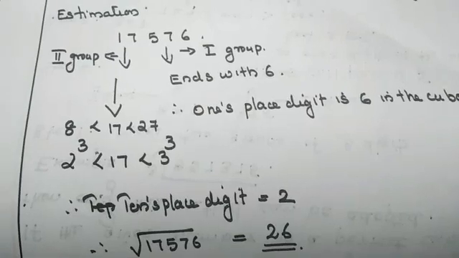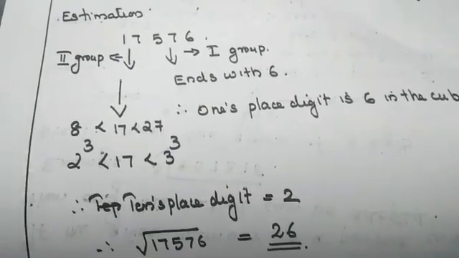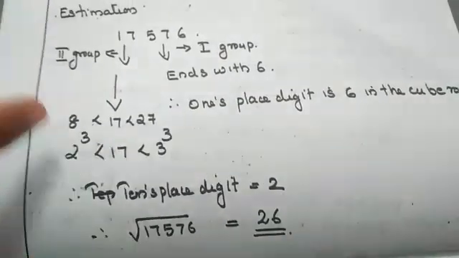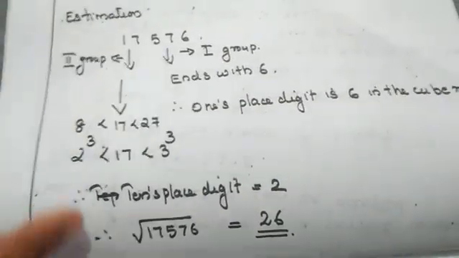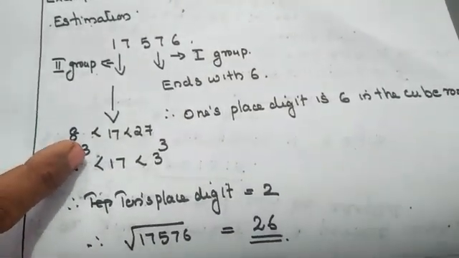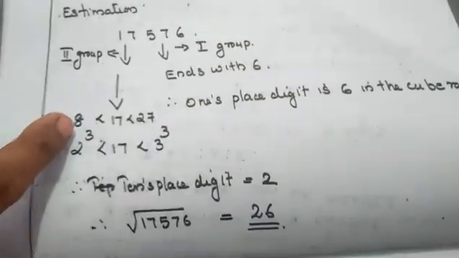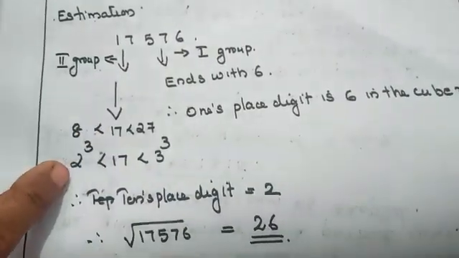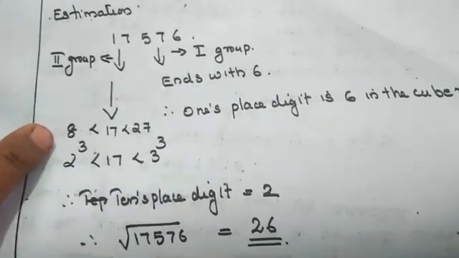You know, its cube root will contain 6 itself. So ones place is 6. What about the tens digit? 17. So 17 is in between two cubes, 8 and 27. So we will consider the lowest cube 8.